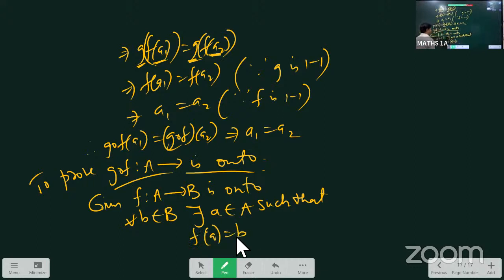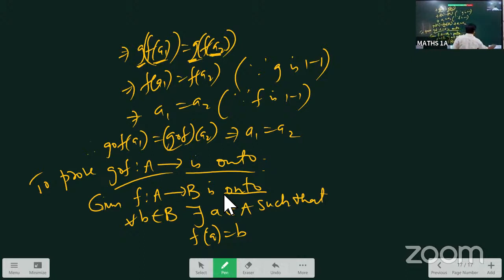Why am I writing directly like this? Because he said f is onto function. Means for every b belongs to B, there exists at least one a belongs to A such that f of a equal to b.